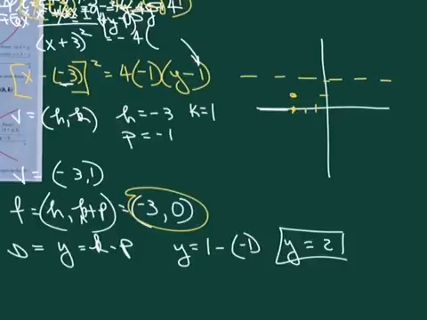Okay, so I graph that, and now really all I have to do is go, and I'm done. And the distance between my vertex and my directrix is the same. The distance between my vertex and my focus is the same. And again, notice this wraps around my focus, so I know that that's right.